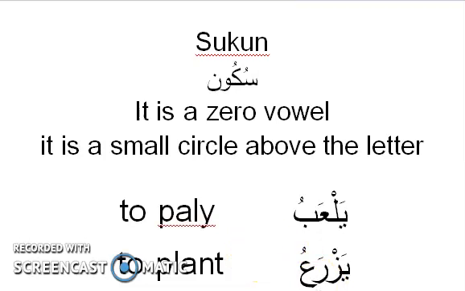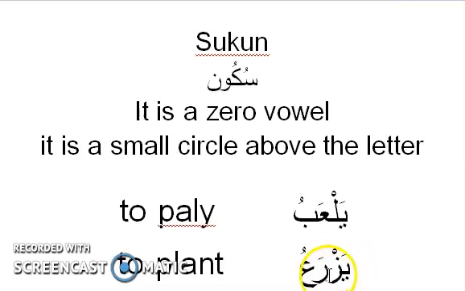It means "to play." There is also a sukun in this next word: ya with fatha, so it is "ya," and the zay with sukun, so I have to stop, as we said, so say "yaz," and stop.